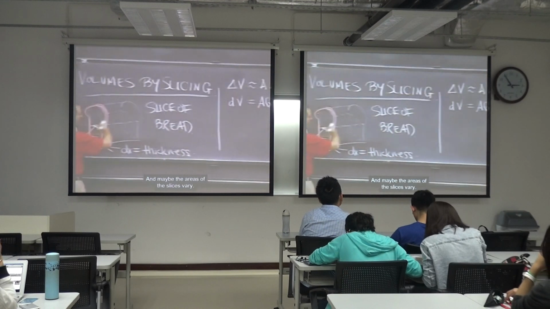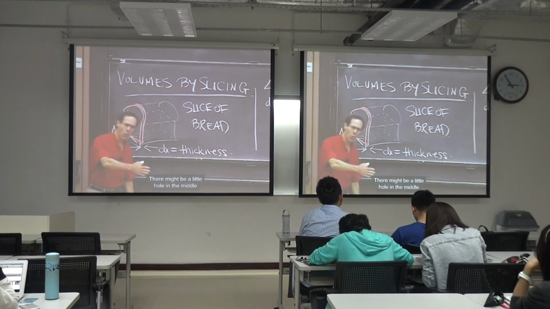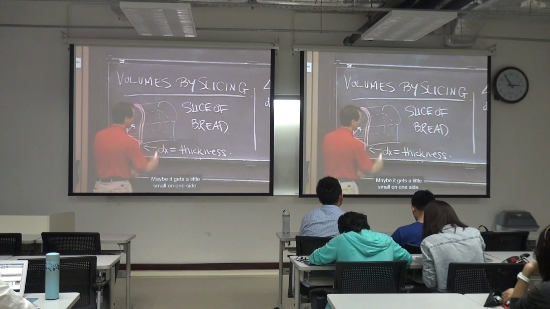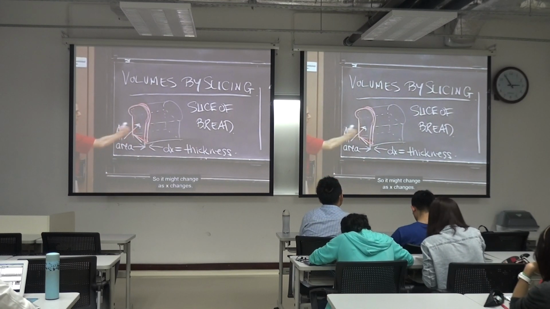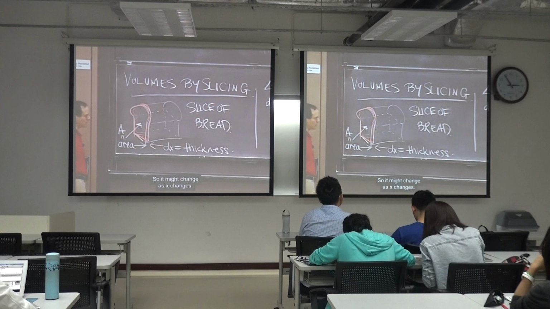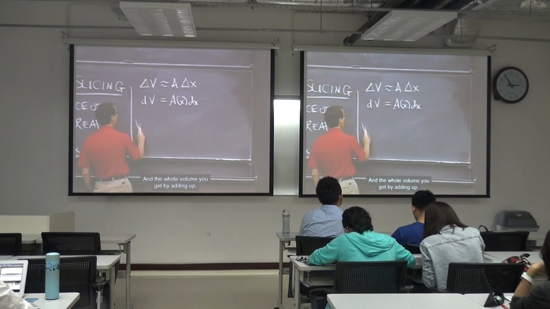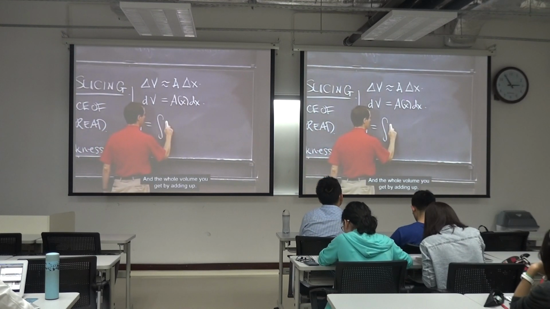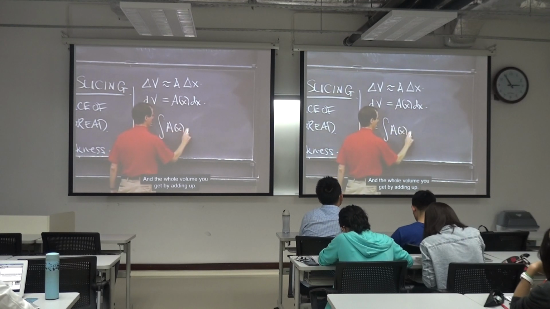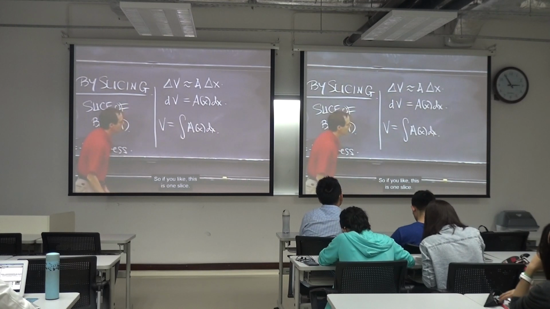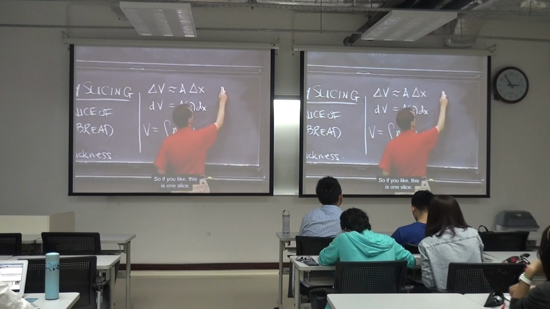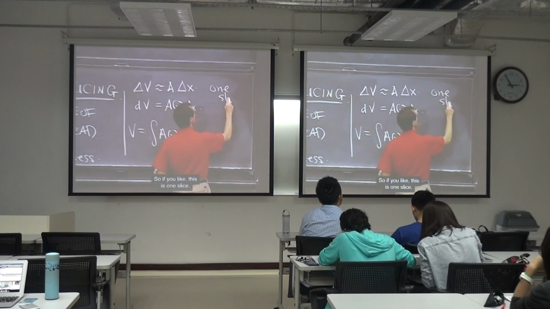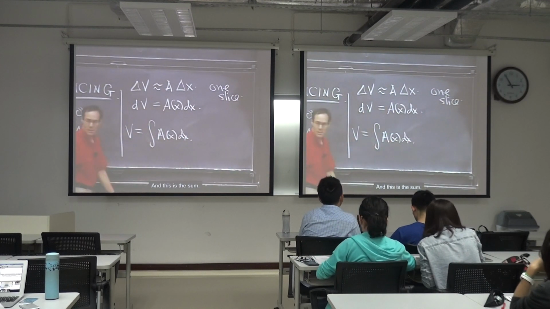And maybe the areas of the slices vary. There might be a little hole in the middle of the bread somewhere. Maybe it gets a little small on one side. So it might change as x changes. And the whole volume you get by adding up. So if you like, this is one slice. And this is the sum.